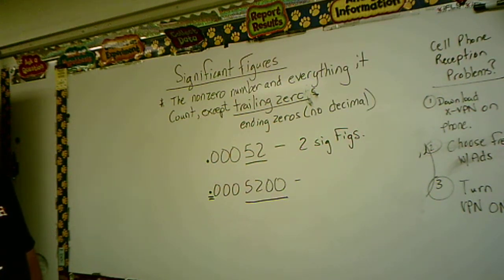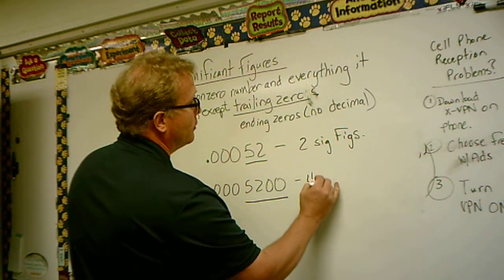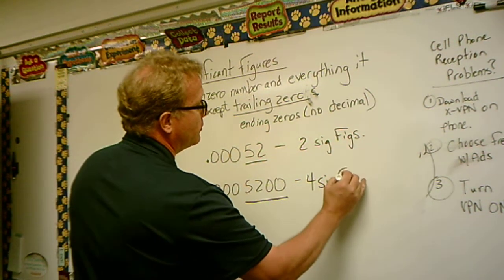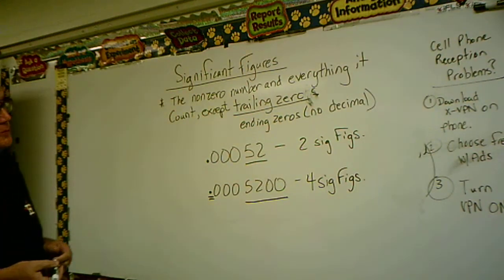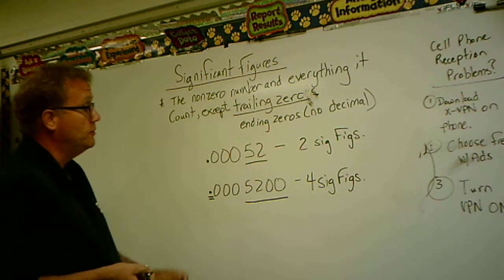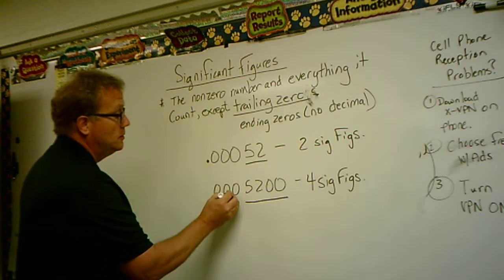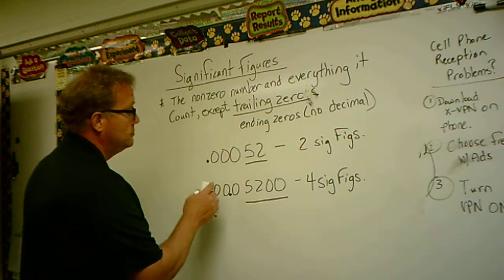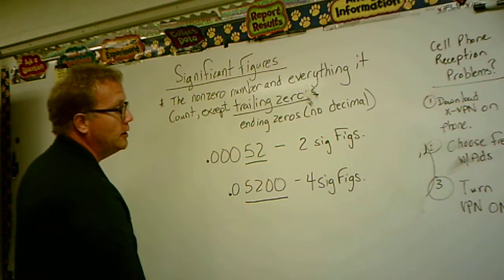They're actually countable. I have 4. This is called 4 sig figs, or 4 significant figures. Now, does it really change my significant figures if I move this decimal point somewhere? Not really. It's the same sig figs.